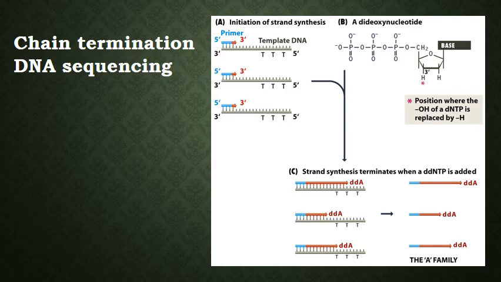The result is a set of new molecules, all of different length and each ending in a dideoxynucleotide whose identity indicates the nucleotide A, C, G or T that is present at the equivalent position in the template DNA. To determine the DNA sequence, all that we have to do is identify the dideoxynucleotide at the end of each terminated molecule.